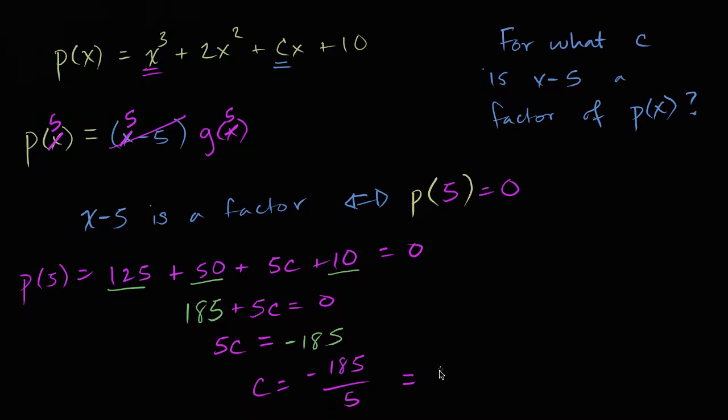So it's going to be negative 37. Is that right? 5 times 30 is 150. 5 times 7 is 35. Yep, negative 37. And we're done. If this was x to the third plus 2x squared minus 37x plus 10, then x minus 5 would be a factor of this polynomial.